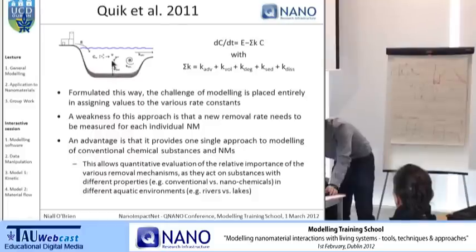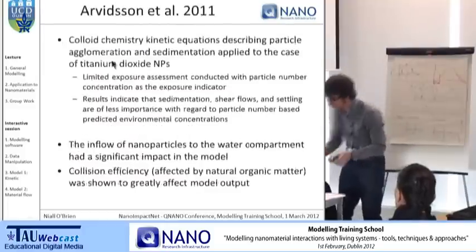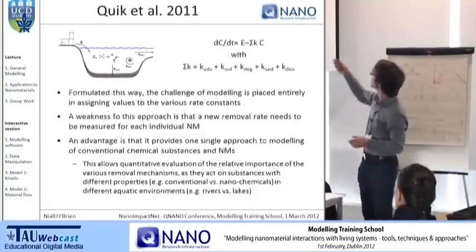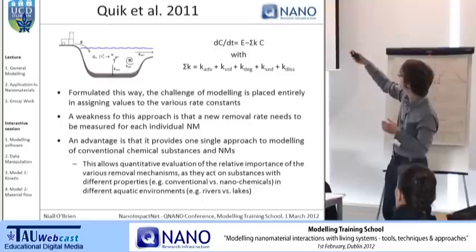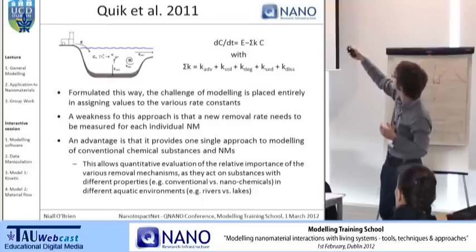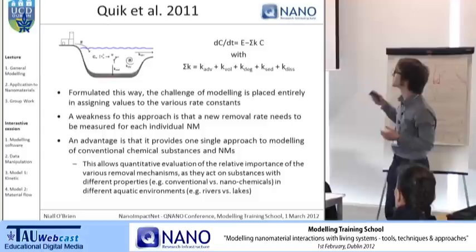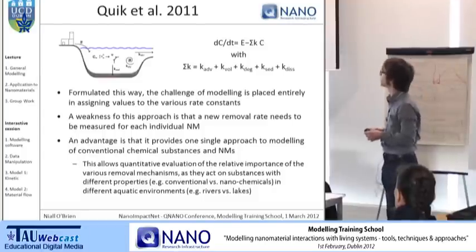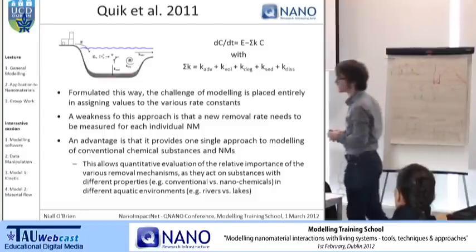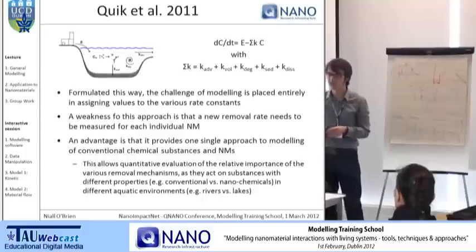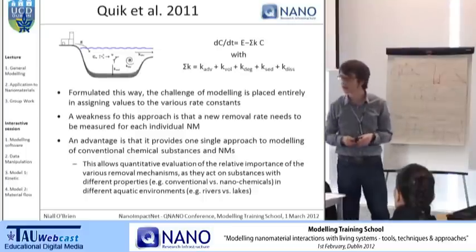Although the sedimentation probably can go both ways. And you can see over here, the total rate constant is made up of all these different processes: advection, volatilization, although for nanomaterials this isn't really applicable, degradation, sedimentation, and dissolution. So formulated in this way, the challenge of modeling is placed entirely in assigning values to the various rate constants. It's just populating this equation with data.